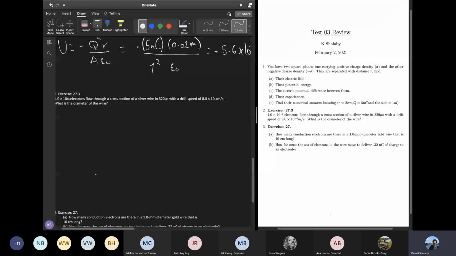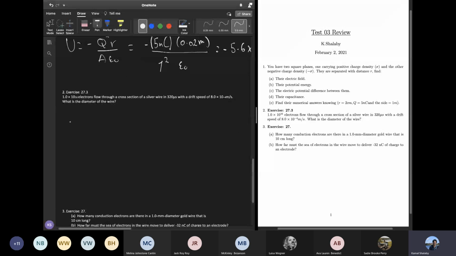So if we have 10 to the power of 16 electrons flow through a cross-section of a silver wire in 320 microseconds with a drift speed of 8 times 10 to the power of negative 4 meters per second, what is the diameter of the wire? So the number of electrons we have is 1 times 10 to the power of 16.